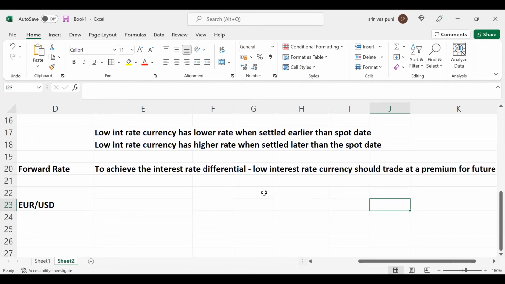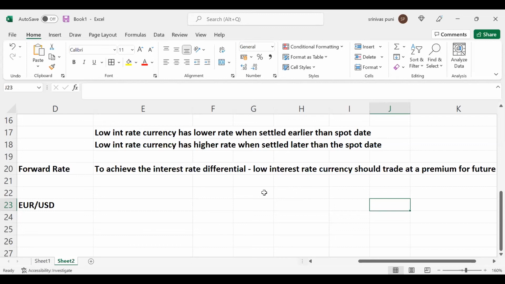Take an example: because dollar interest rates are lower than rupee interest rates, nobody will want to buy dollars for the future. Why would I want to be in a dollar deposit when I can be in a rupee deposit? Nobody will want to do that for a future date.